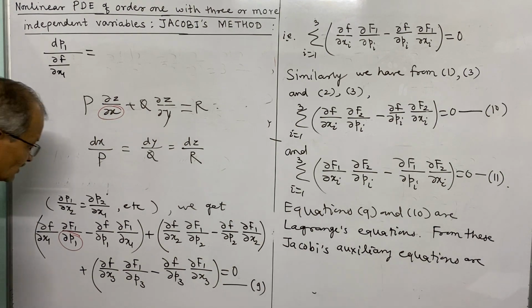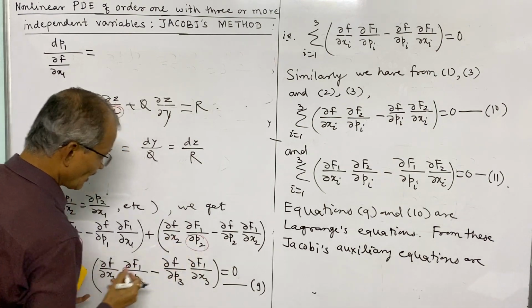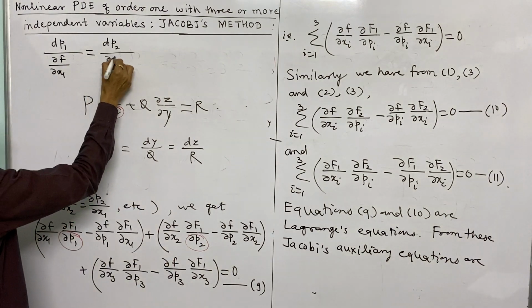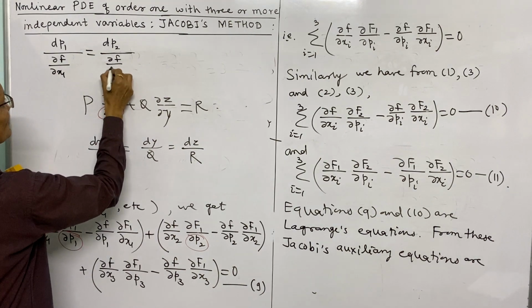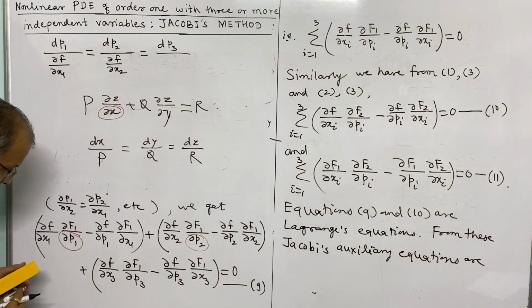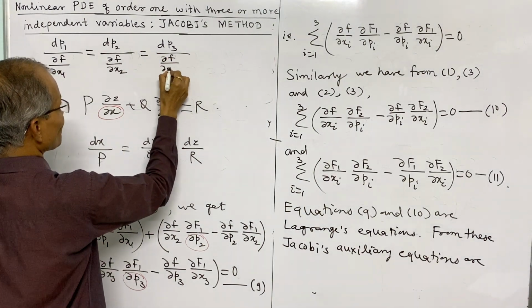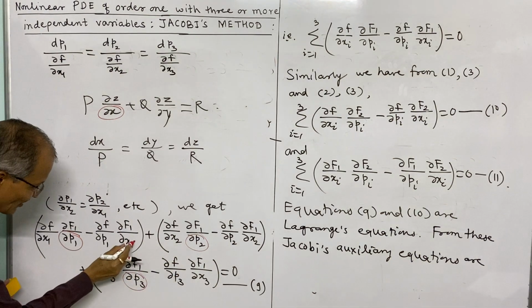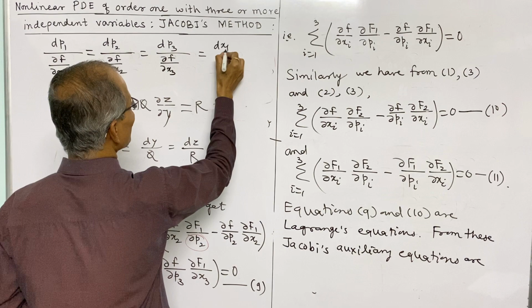The next we will write first the positive terms, this dou P2, and that is dP2 divided by dou f by dou x2 and is equal to dP3. Go to next term, this one, dP3 divided by dou f by dou x3. So after these positive terms are considered, now we will consider this one as dou x1, which here is total dx1.